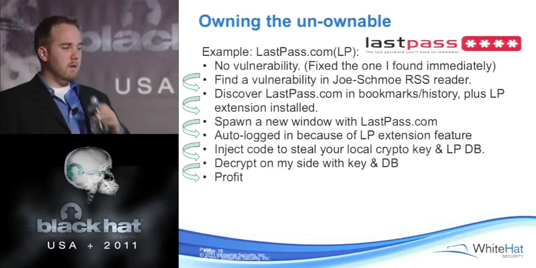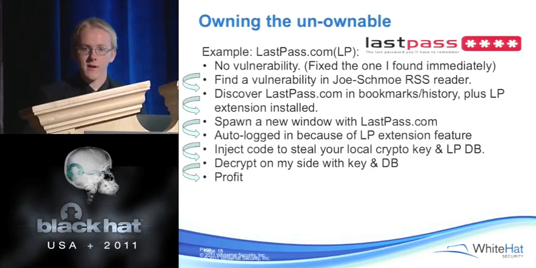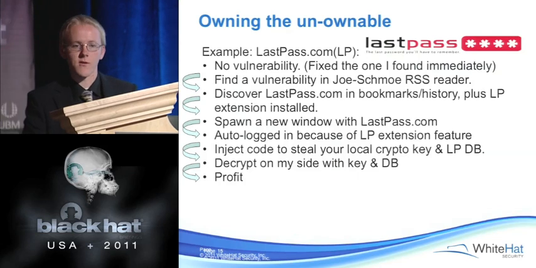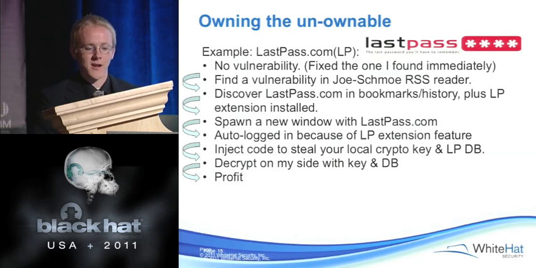When I was looking for vulnerabilities in LastPass and found one and they fixed it, I realized we can leverage that intended functionality of the LastPass extension. So if you're authenticated to LastPass and I spawn a tab to LastPass.com and it auto logs you in, that means that I have your crypto key in the LastPass.com tab.